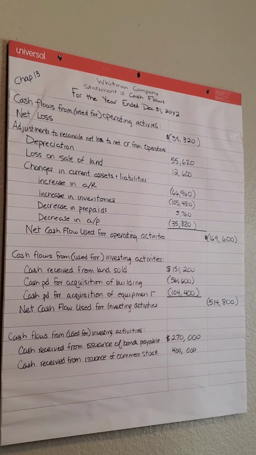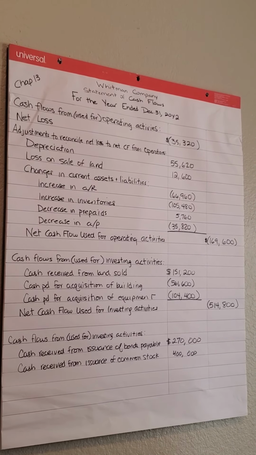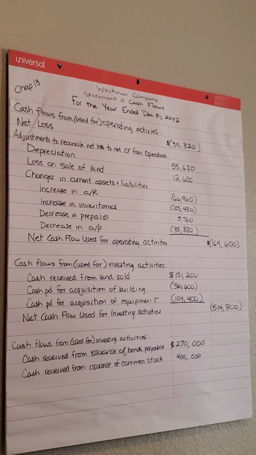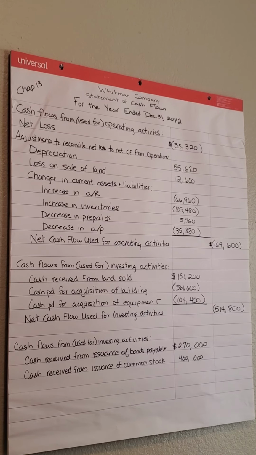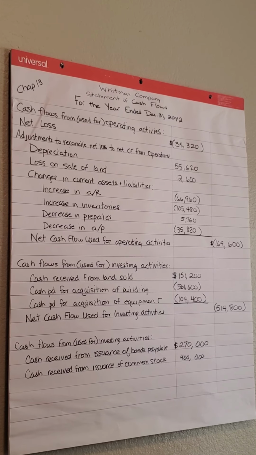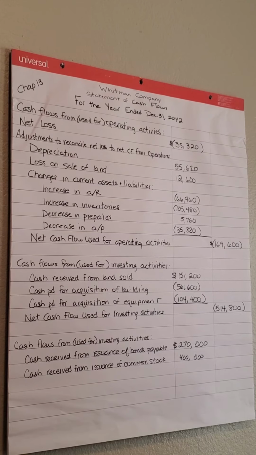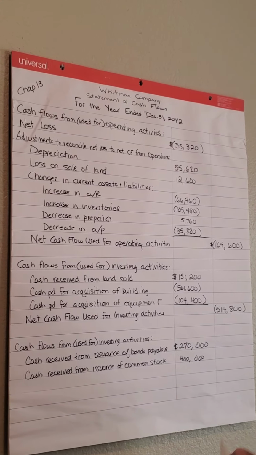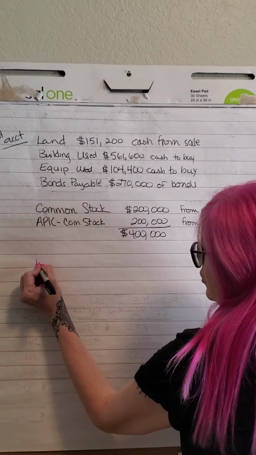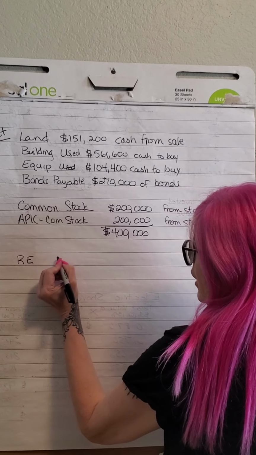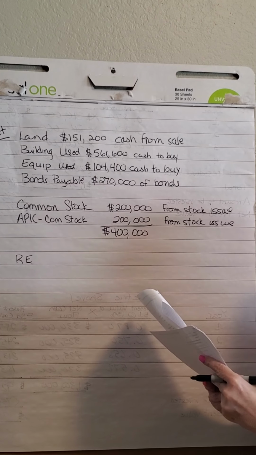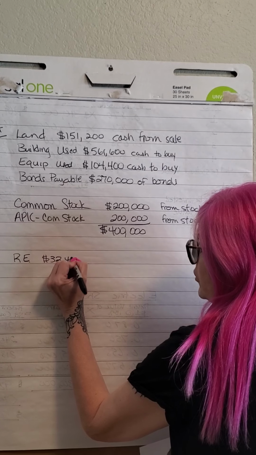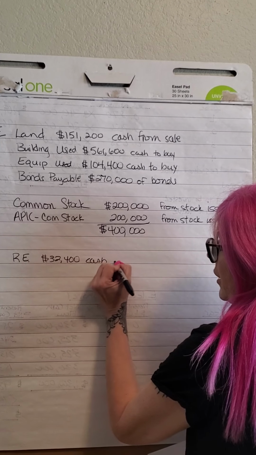And then if we take a look at the rest of our accounts, let me find the account here. If we look at the retained earnings account, we can see that cash dividends were paid. And it shows there that there were $32,400 cash dividends paid.